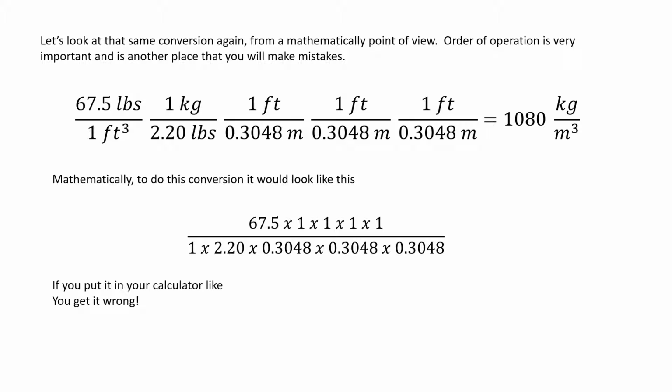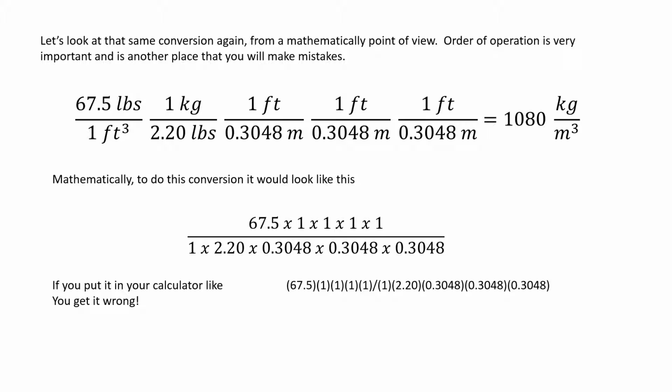However, if you put it in your calculator like the following, you would get this wrong. Notice that you put parentheses around everything. If you put parentheses around every answer or every input, it's like putting parentheses around none of them, and you did not do the order of operations right.